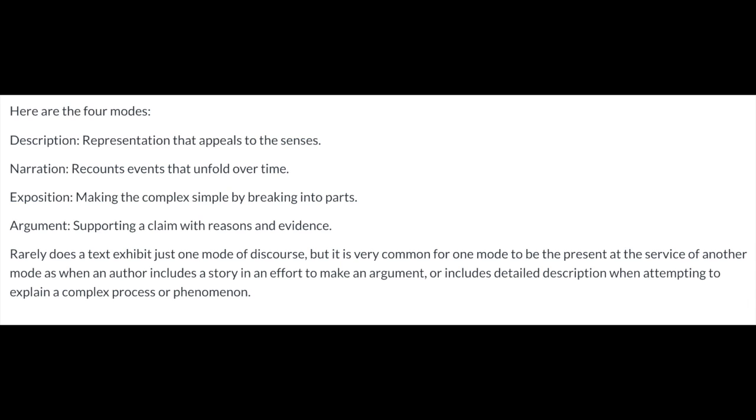So at times Wilson is using description when he's talking about the ants and what they do when they basically encounter a dead body. And then he describes some of the smells that would accompany a corpse. So anything that appeals to the senses is description.